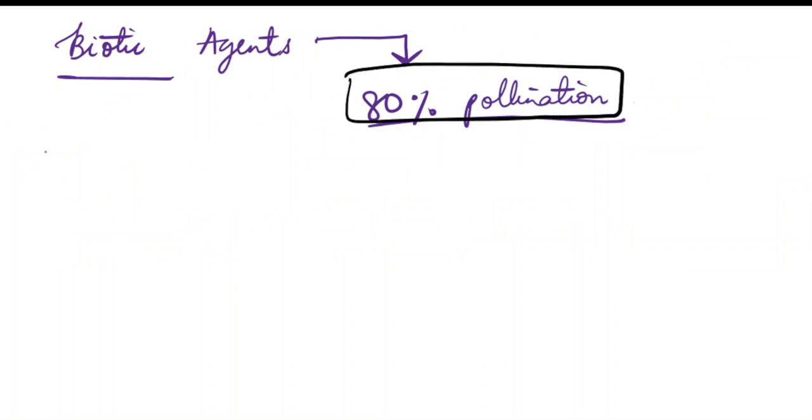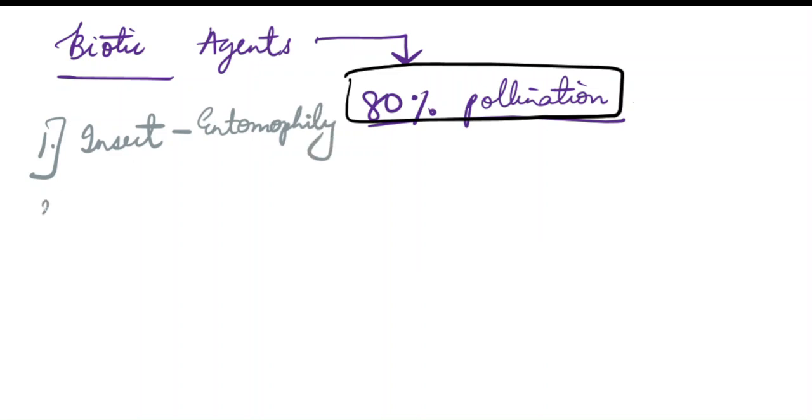Now in biotic there are many types. The first type which does this transfer is insects. Insect pollination is known as entomophily. The pollination which is done by insects, we call entomophily.